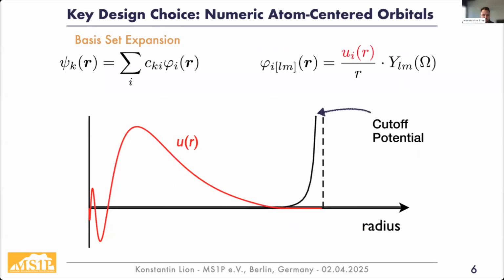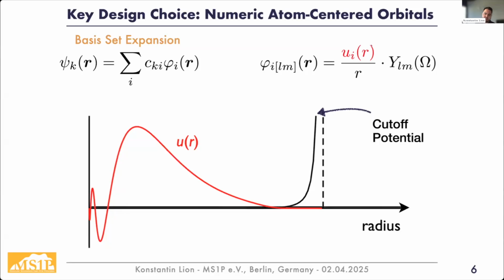As you might know, if you're familiar with DFT or quantum mechanics-based codes in general, you typically start from a basis set expansion, and then you have here an expansion in terms of basis functions phi_i. And these phi_i, you are free to choose what kind of basis functions you want to use. As mentioned, FHI-aims decided on numeric atom-centered orbitals, which are shown here on the right side.